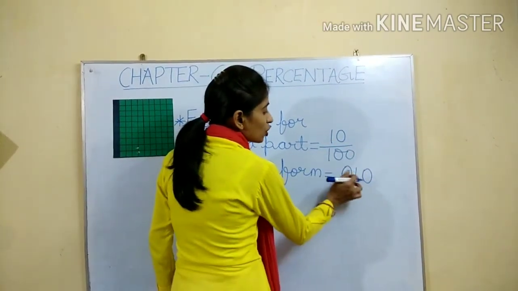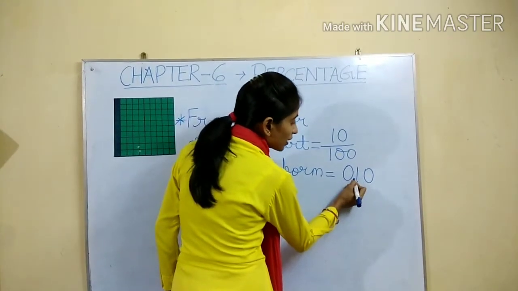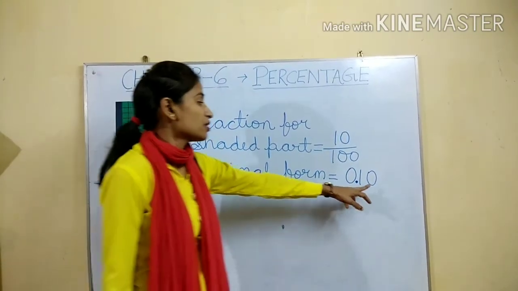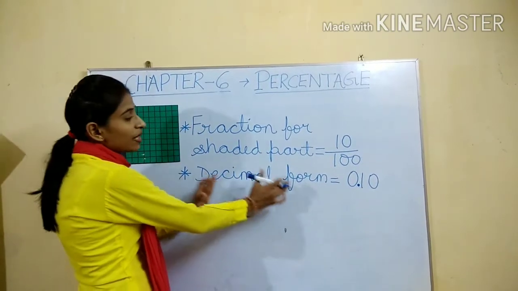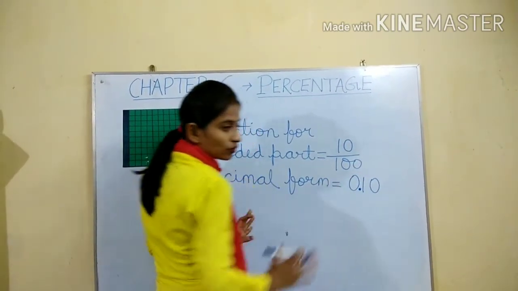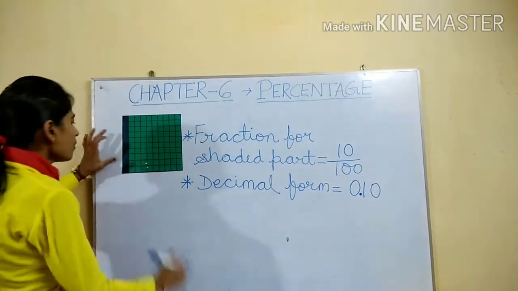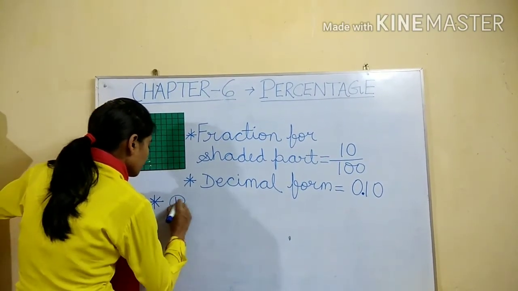So 0 1 0. Now there are 2 digits after the place, so we will put the decimal after two digits. So its decimal place will be 2. So the decimal form of 10 by 100 is 0.10.